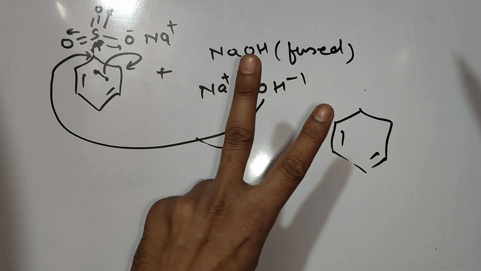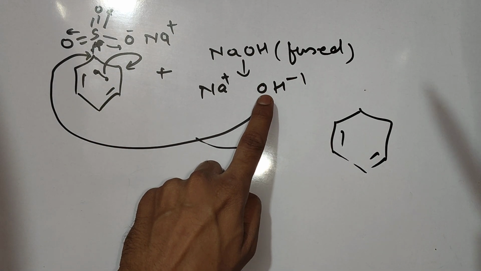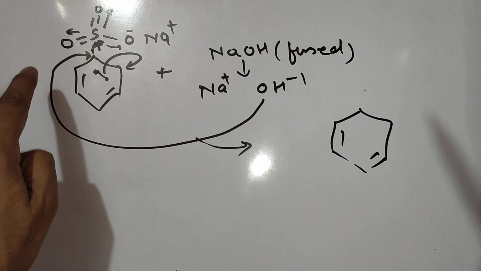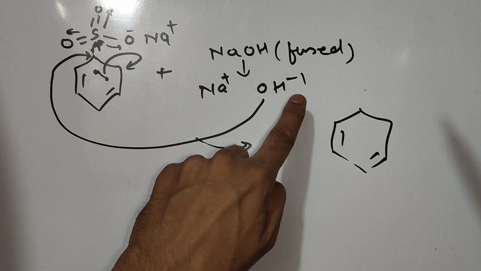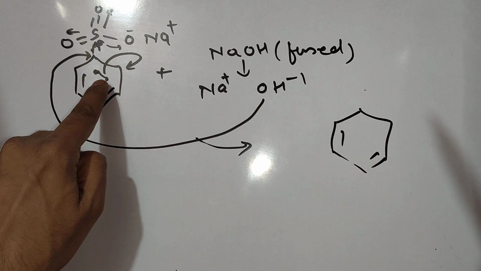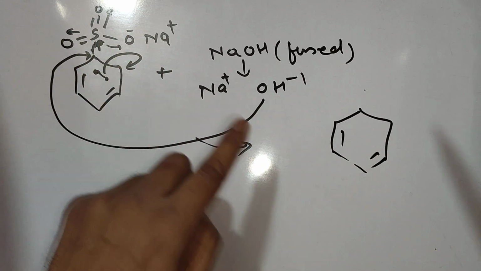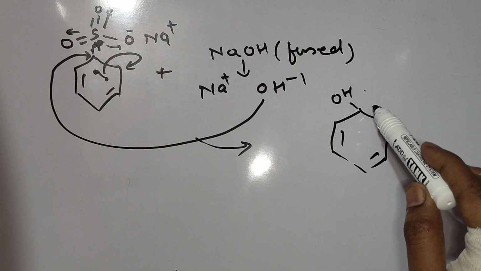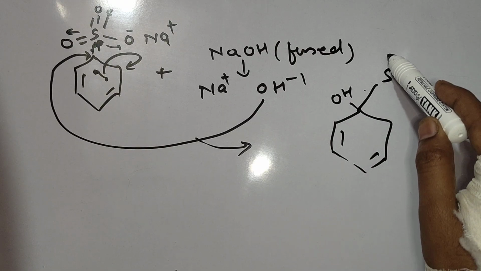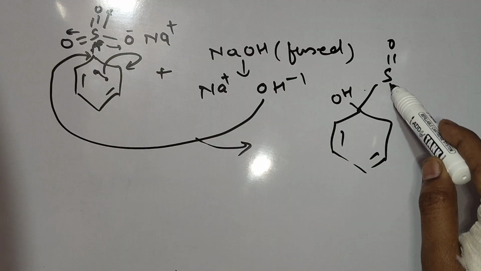For bond formation, 2 electrons are required. OH is already carrying these electrons. It is giving those electrons to carbon. Obviously, electronic repulsion will be there. Electrons are coming from here, electrons are here. So pi electrons will be further pushed. So here OH is, SO3 is also there as it is. No change in SO3.